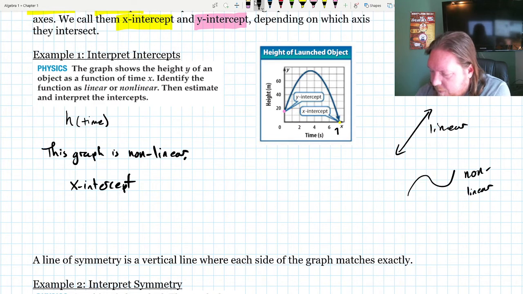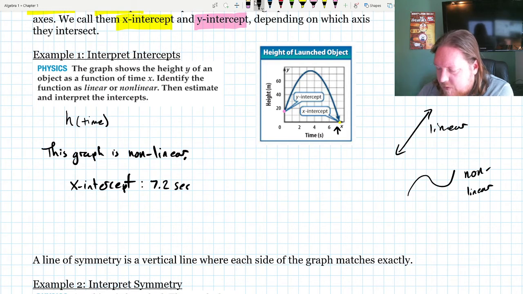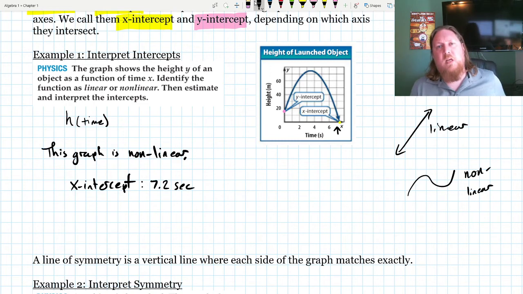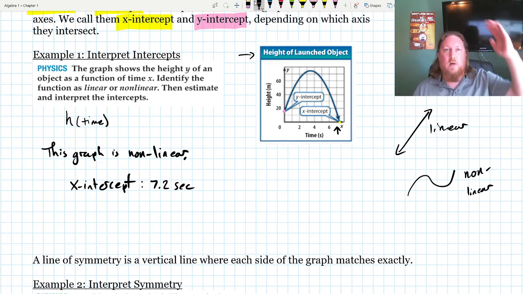But it looks like it's just beyond 7. So it looks like it's like 7.2 seconds. All right. Well, what does it mean? Like, what does it say? It's a function of time, height of a launch object. So this right here is going to give us some clue. It's like a rocket going up.